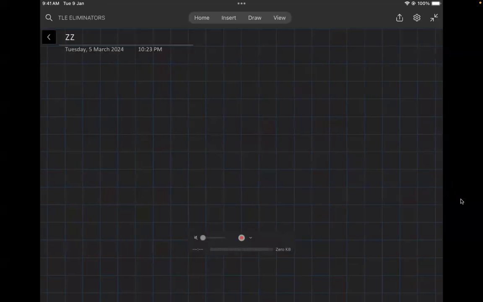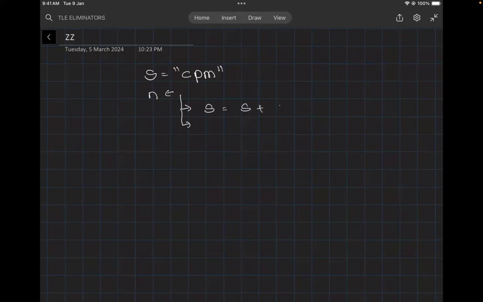So what does the problem statement say, guys? I solved it generally for n, not only for n even. Let's say we are given a string s, which is CPM, and we are told that we have to do n operations. We can do two types of operations. In the first operation, s becomes s plus reverse of s.